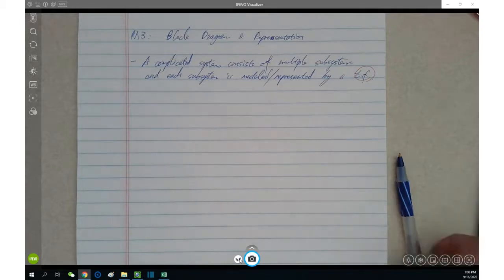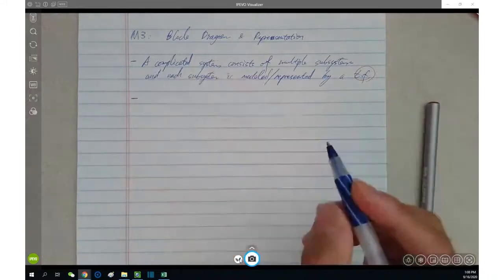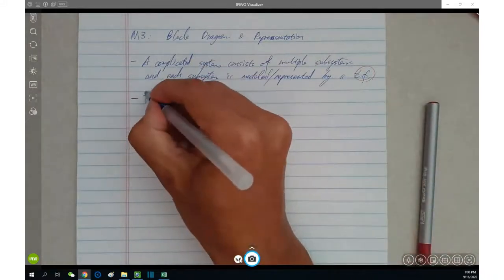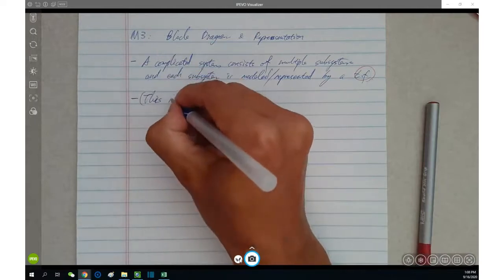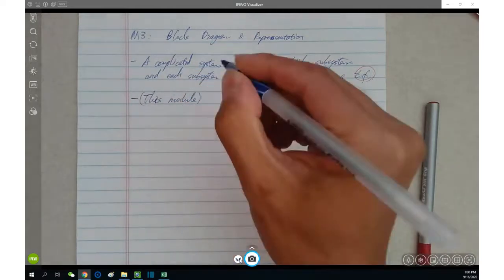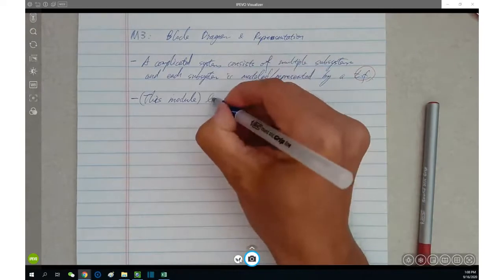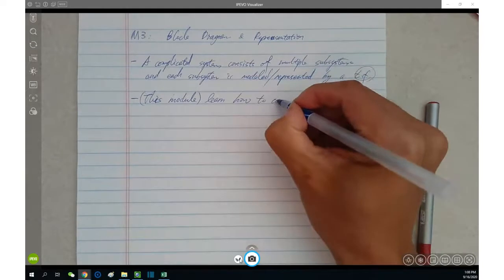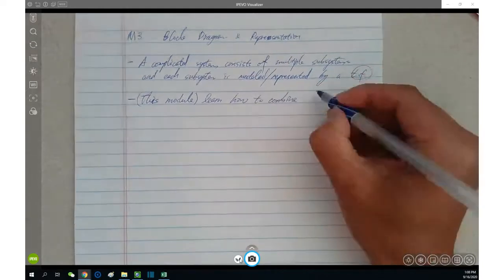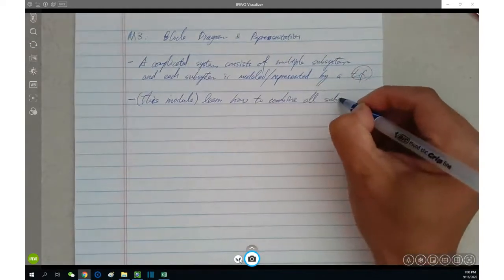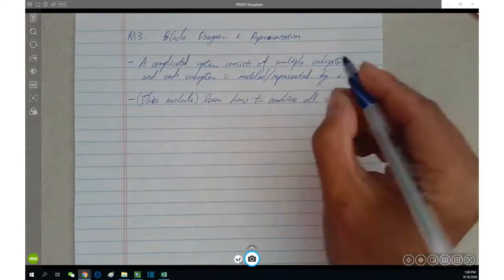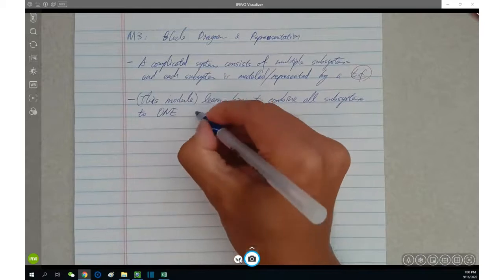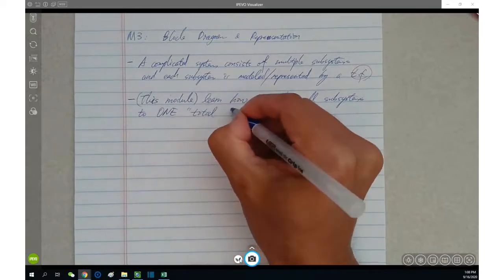So in this topic we will learn how to combine all subsystems into one so-called total transfer function.